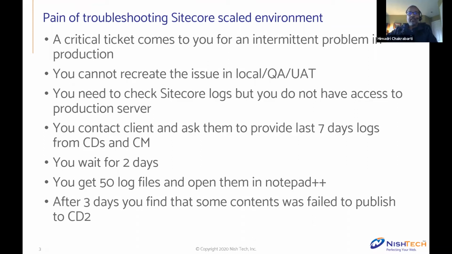You want to check the Sitecore log and you do not have access to the production server. So you contact the client and say, I need to see all logs from CDs and CM for the last 7 days. And then you wait for 2 days to get those logs.